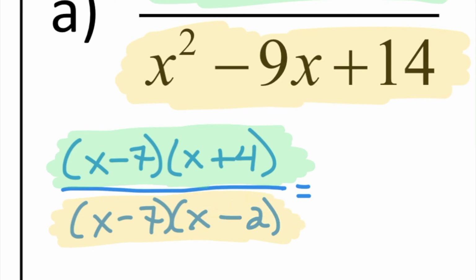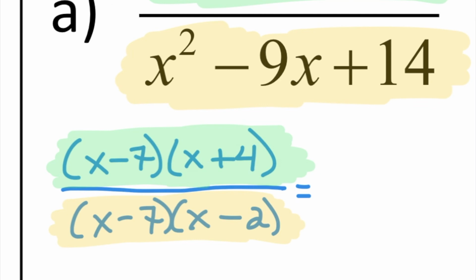And so that multiplication problem is the product of this thing called x minus 7 times this other thing called x plus 4.